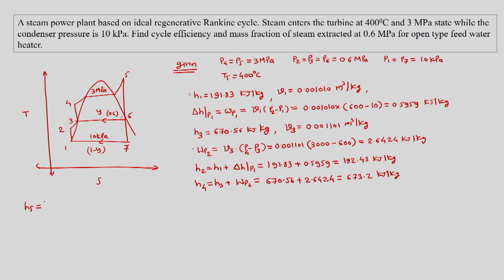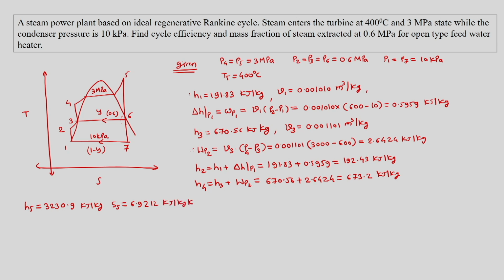So, now we can go into the steam table and find H5 at 3 megapascal and 400 degrees Celsius. So, we have H5 as 3230.9 kilojoule per kg, but we will also note down S5, and S5 happens to be 6.9212 kilojoule per kg Kelvin.